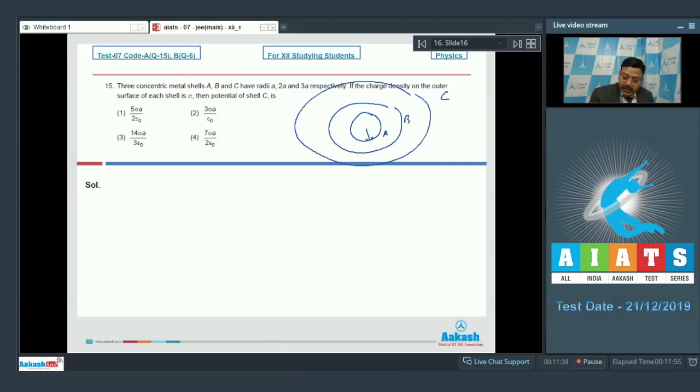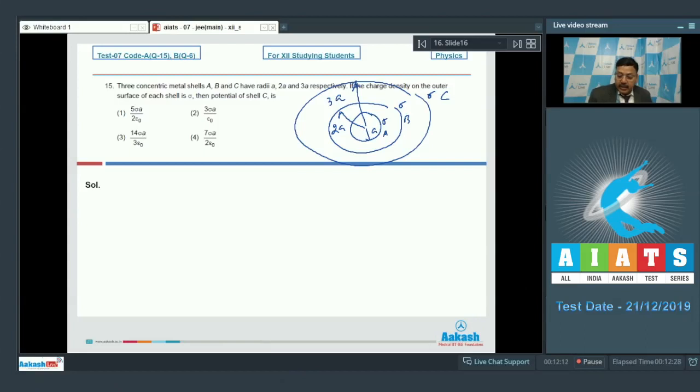This radius is A, this radius is given as 2A, and this radius is 3A. Now, it also says that the charge density on the outer surface of each shell is sigma. So, if it is sigma here, here also it is sigma, and here also it is sigma. It's clearly given to us in the question.